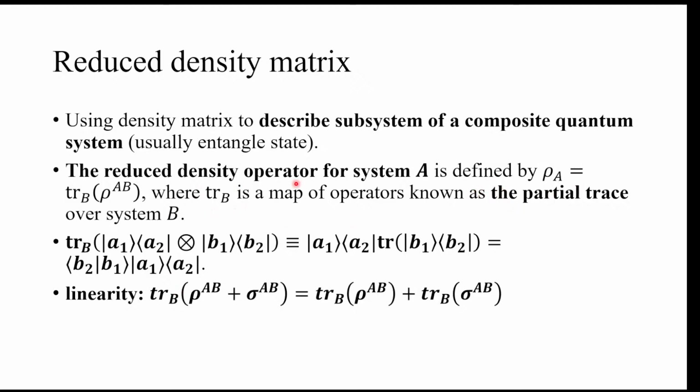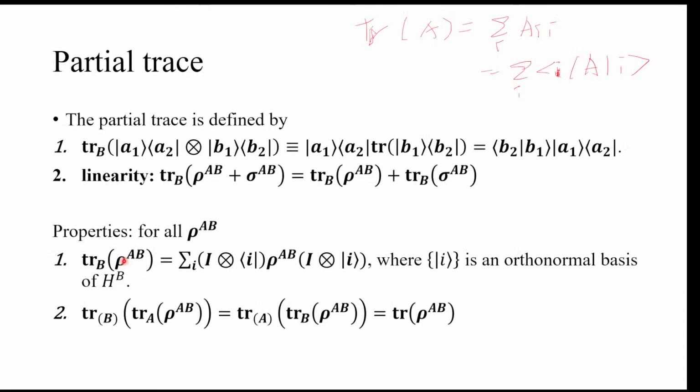Okay. And trace_B is this partial trace operation. It's defined by those two things. If you have a tensor product of one thing and another thing, then you just trace the second thing, and it becomes a matrix on the first register. Okay, and then you extend to everything by linearity. And you have some properties.